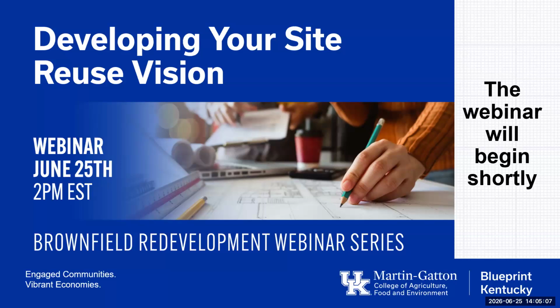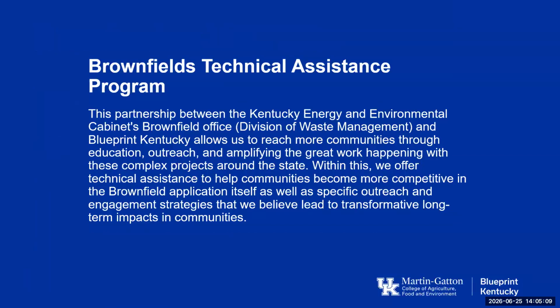If you're unfamiliar with the Brownfields Technical Assistance Program, it is a partnership between the Kentucky Energy and Environment Cabinet, their Brownfield office, which is in the Division of Waste Management, and us at Blueprint Kentucky. And we use this program to reach more communities, both virtually like this, but also on the ground through different types of events all over the state.